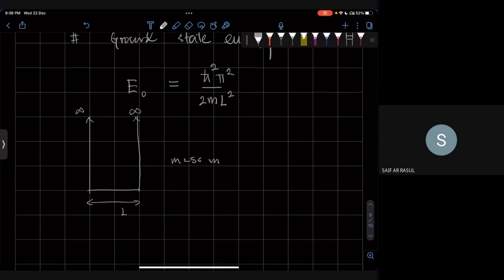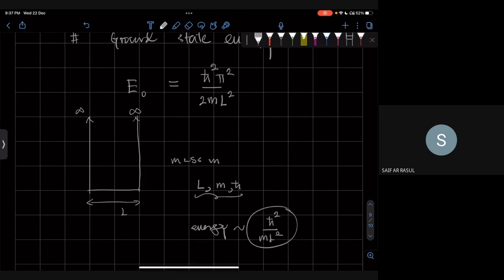So if I give you L, if I give you m, if I give you h bar, there's only one combination of these constants which is going to give you something which has the dimension of energy, right? So the simplest way you can combine these things to give you energy is h bar squared over m L squared, okay?